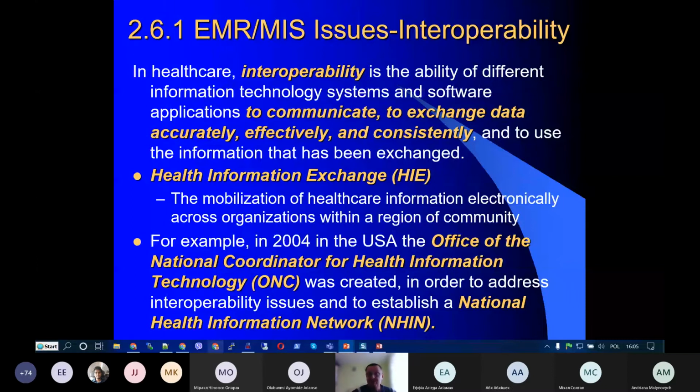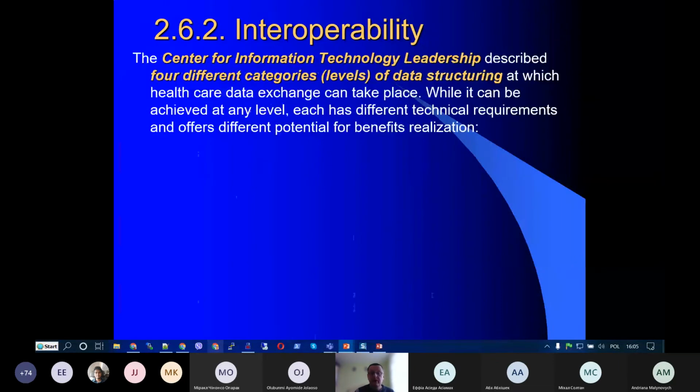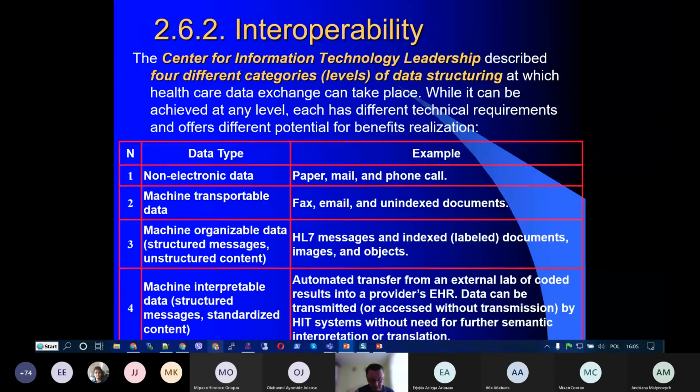But to force vendors, it was necessary to introduce a kind of governmental rules which provide background and describe the legal question about how this interoperability works.